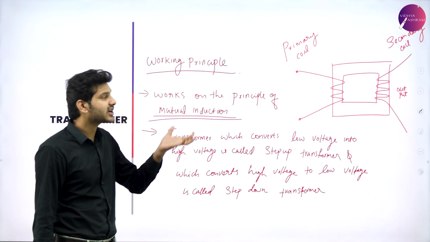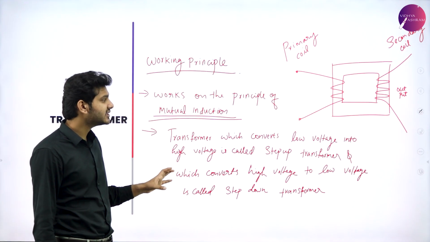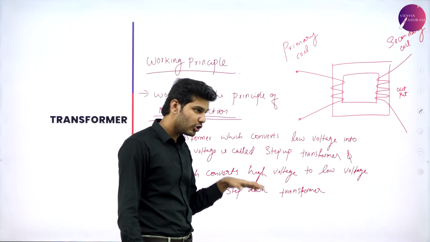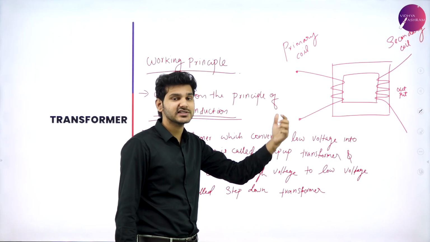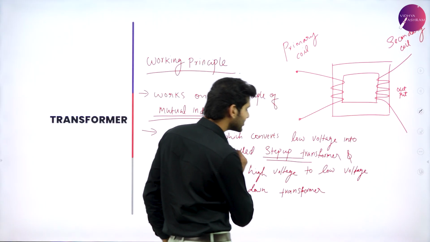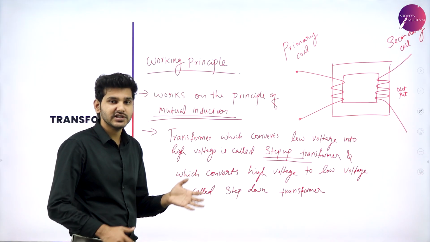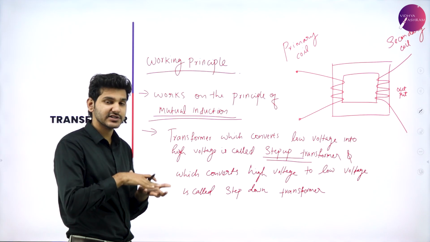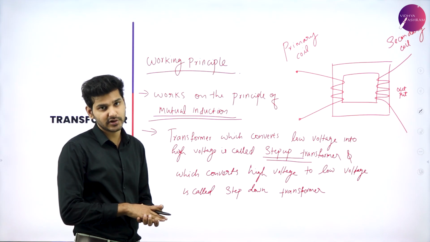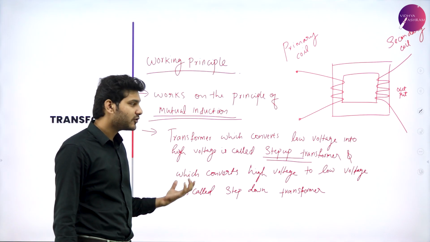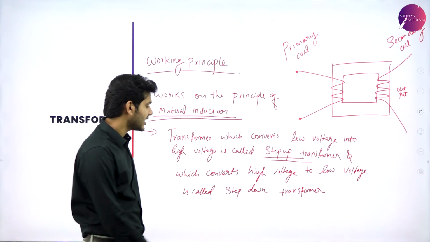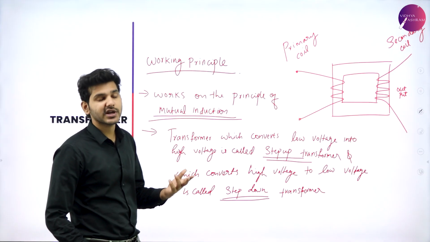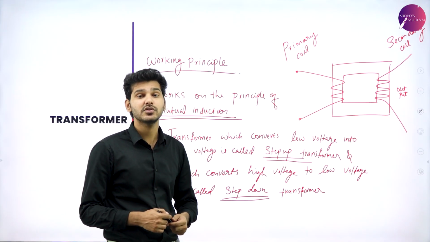A step up transformer converts low voltages into high voltages. So it is stepping up, and that is why it is called a step up transformer. And one which converts high voltages into low voltages is known as a step down transformer. Those are the two types of transformers you have to understand.